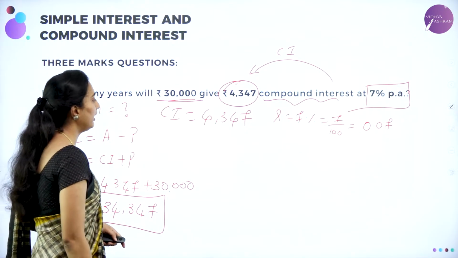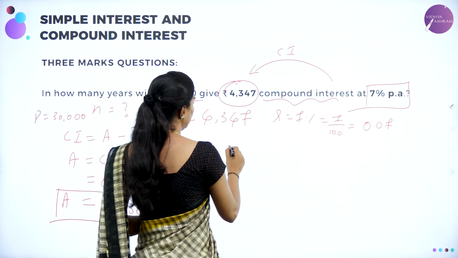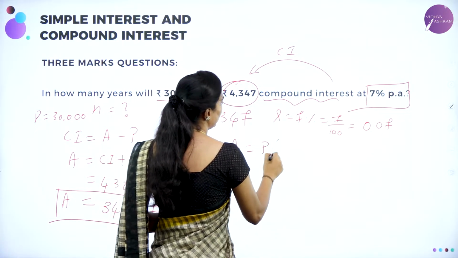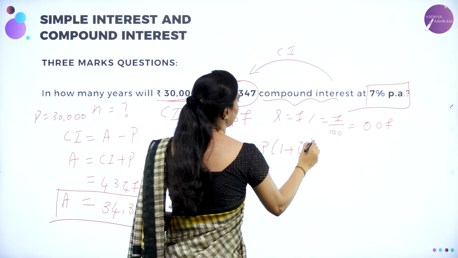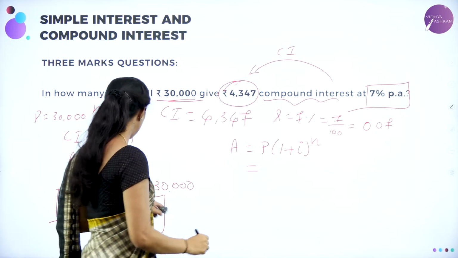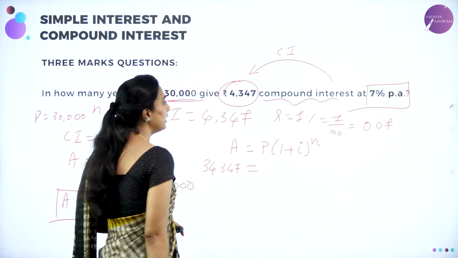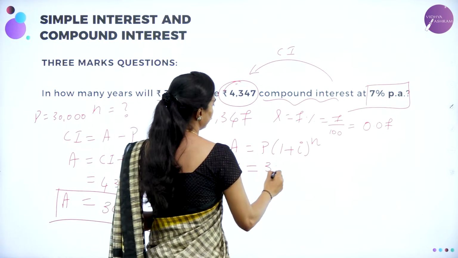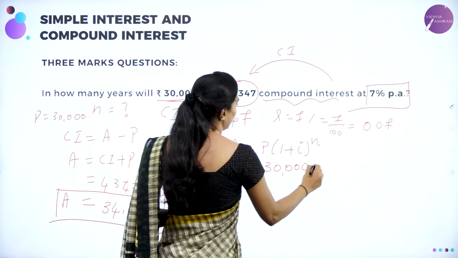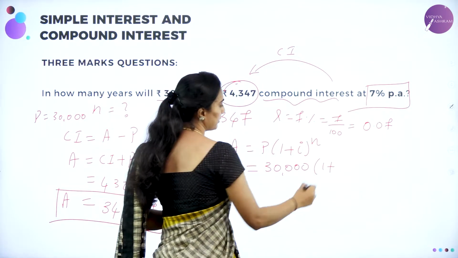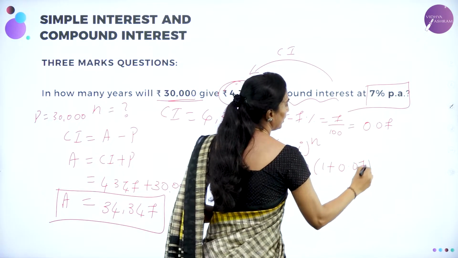Now, I can write A is equal to P into 1 plus I whole to the power of n. A is 34,347, P is 30,000, into 1 plus I, which is 0.07, whole to the power of n, which we don't know.